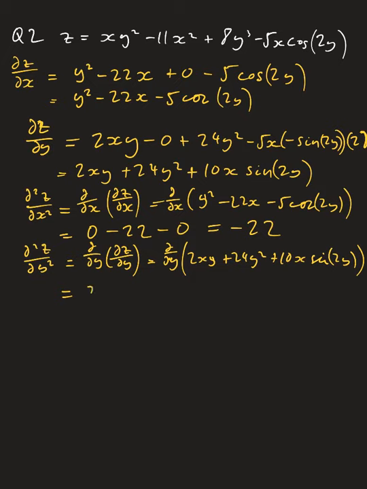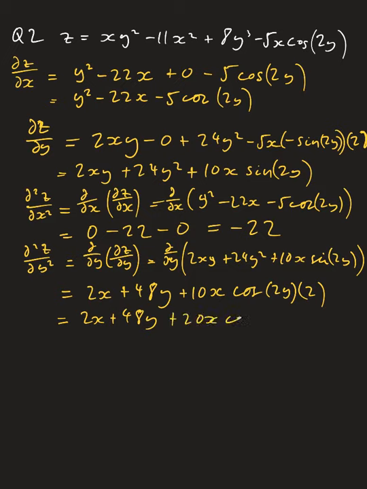So 2xy becomes just 2x. 24y squared becomes 48y. 10x times sine of 2y: that 10x is just a constant in front. If I differentiate sine, I get cosine, so I get cosine of 2y, and then multiply by what's inside the brackets, 2, with the chain rule. So that is equal to 2x plus 48y plus 20x cosine of 2y.